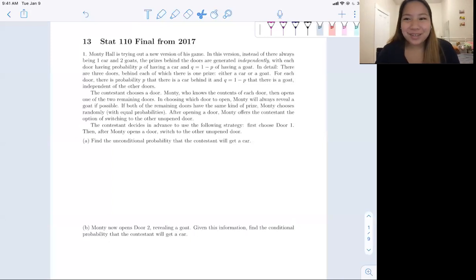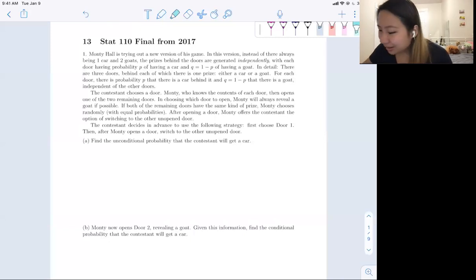Okay, so here's the question. It's a Monty Hall variant. Monty Hall is trying out a new version of his game. In this version, instead of there always being one car and two goats, the prizes behind the doors are generated independently. That seems pretty important. So we could have 3 cars, we could have 3 goats.